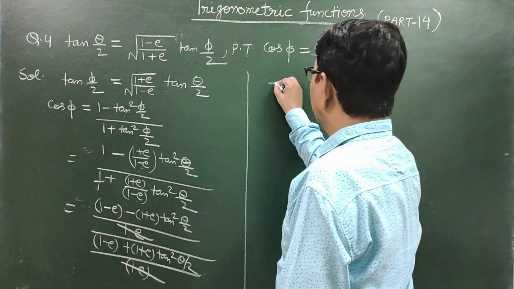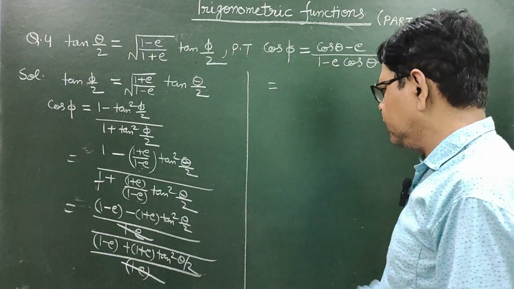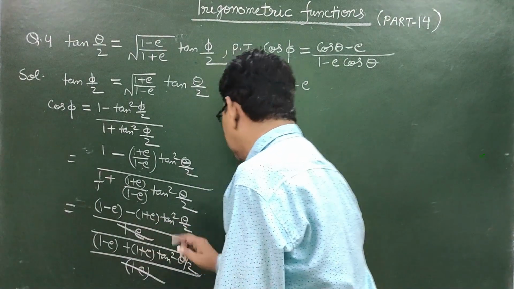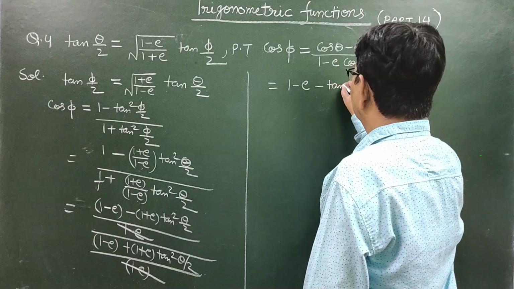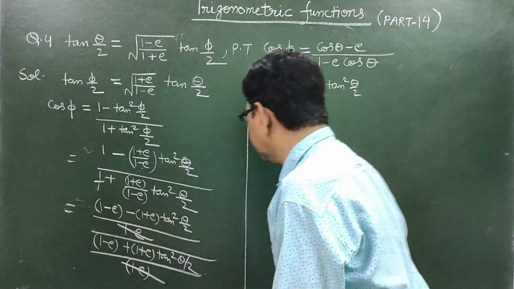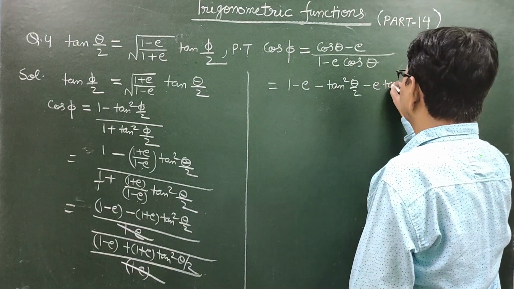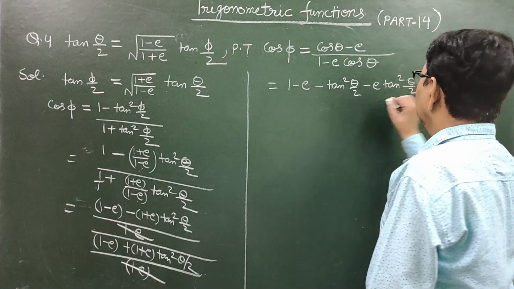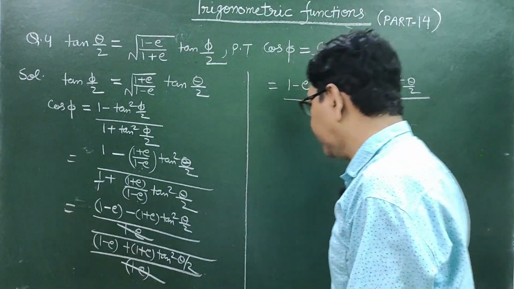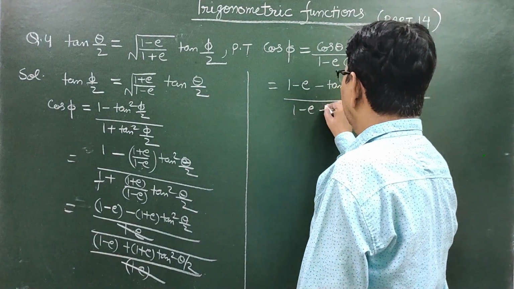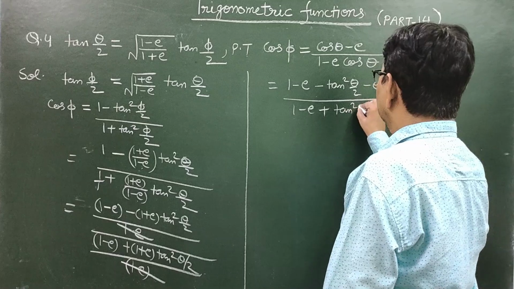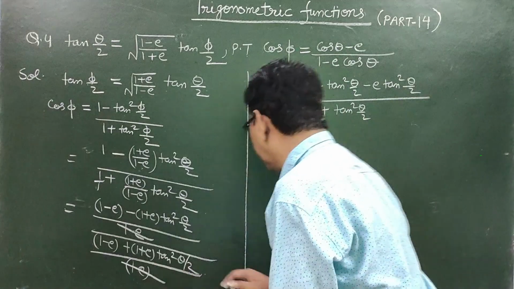Now if we rearrange the terms, the numerator has 1 minus e, minus tan square theta/2, and plus minus is minus e tan square theta/2. In the denominator we have 1 minus e plus tan square theta/2 plus e tan square theta/2.